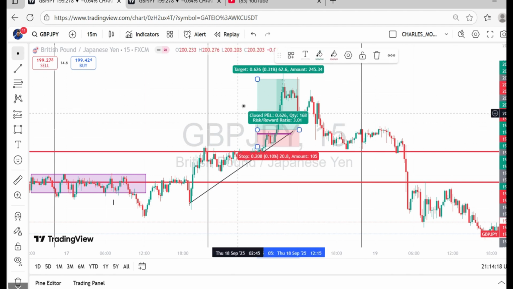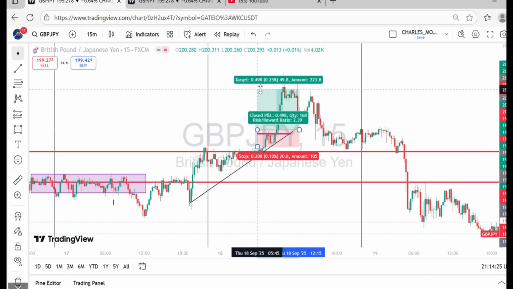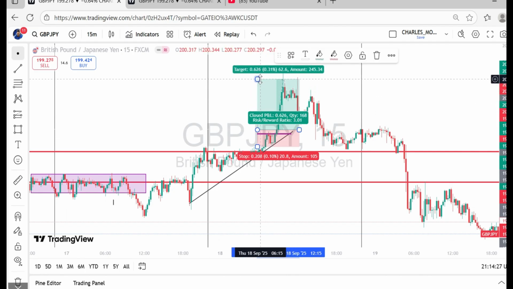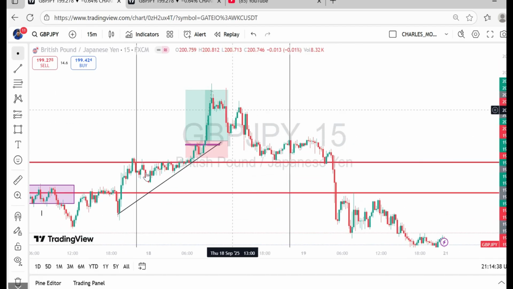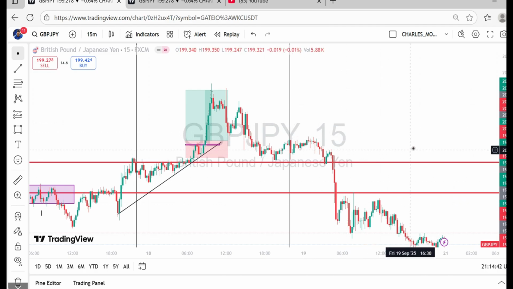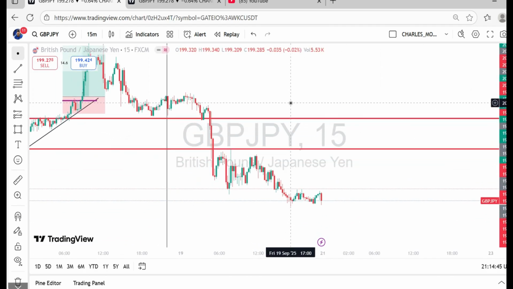That has normally been my stop loss zone. Wow, this trade was about 1 to 3 risk reward. Wow, I really missed a lot last week, to be honest. So guys, you can see, very simple. I've not seen any forex trading strategy that is as simple as mine. Very simple and very straightforward trading.